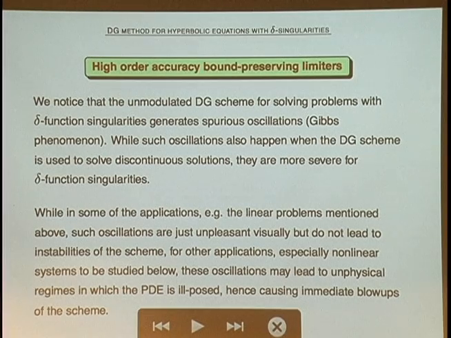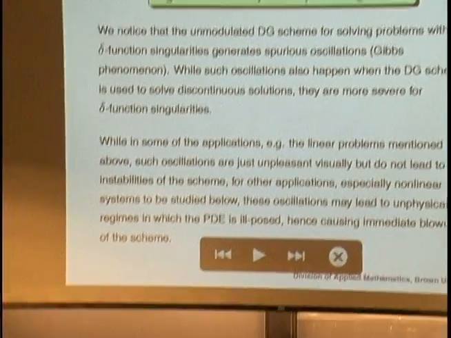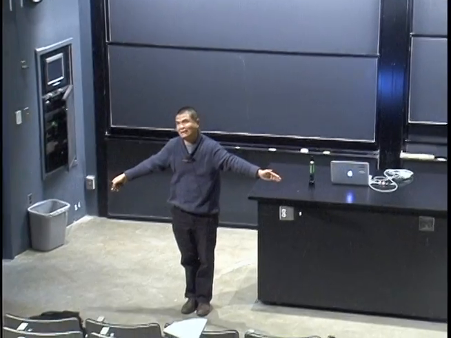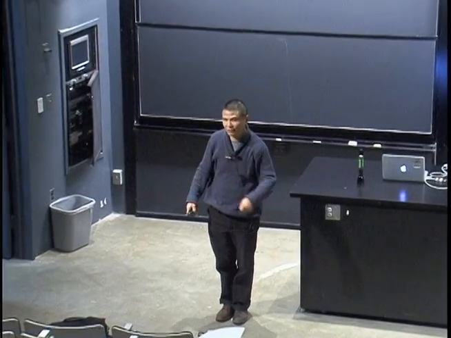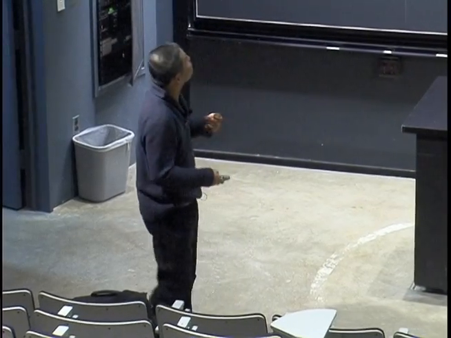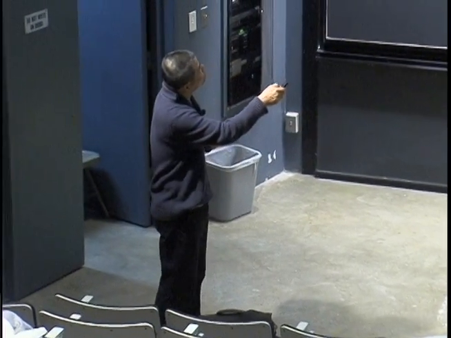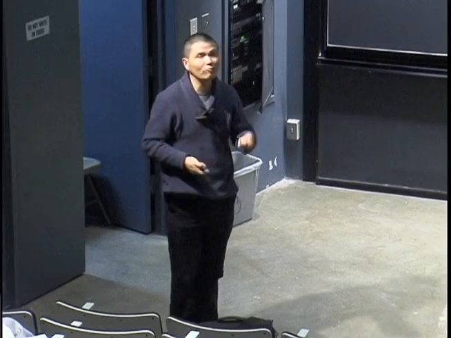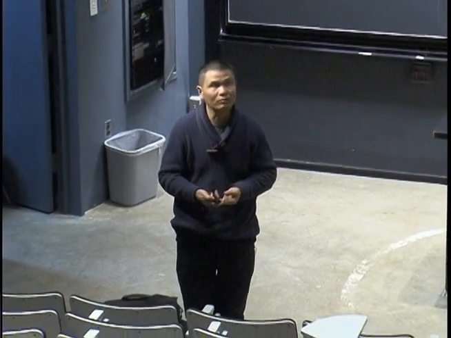So your numerical delta function is very sharp, but if you apply a very, very strong limiter, for example, it becomes almost a first-order scheme, then your solution will become very much smeared. And that's not desirable either. So there is an issue here: how you can design a good bound-preserving limiter which can be mathematically proven to be conservative and also keeps the high-order accuracy in smooth regions.